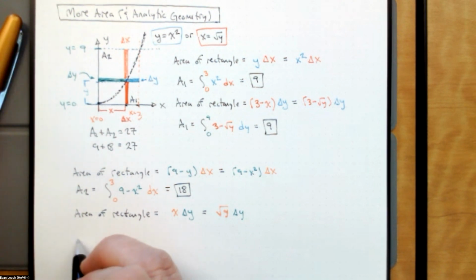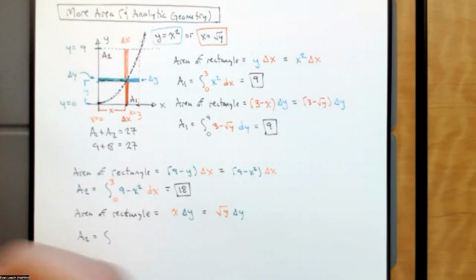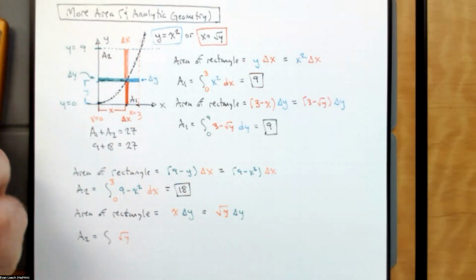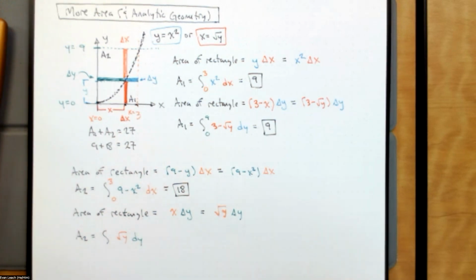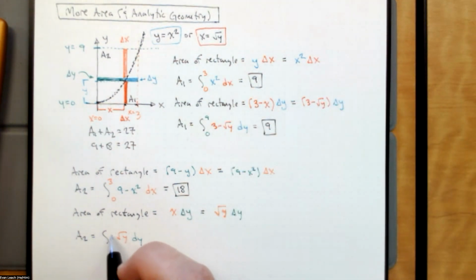So now when I calculate a2, I can take the integral of the square root of y. Our discrete delta y becomes the continuous dy. And I can integrate over all the values of y that are in play from 0 to 9.